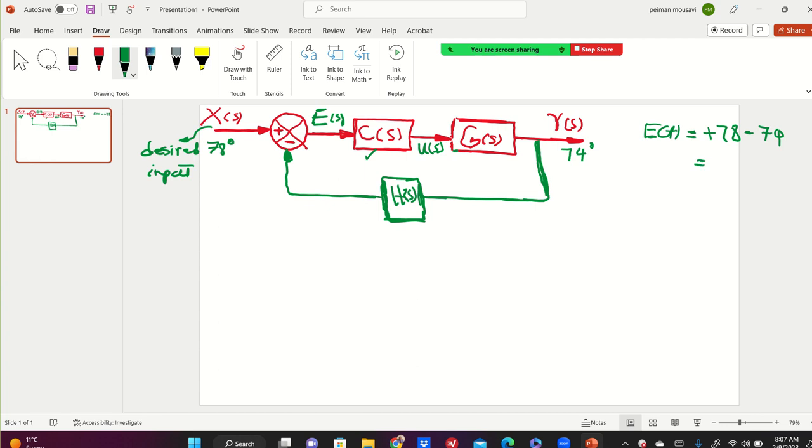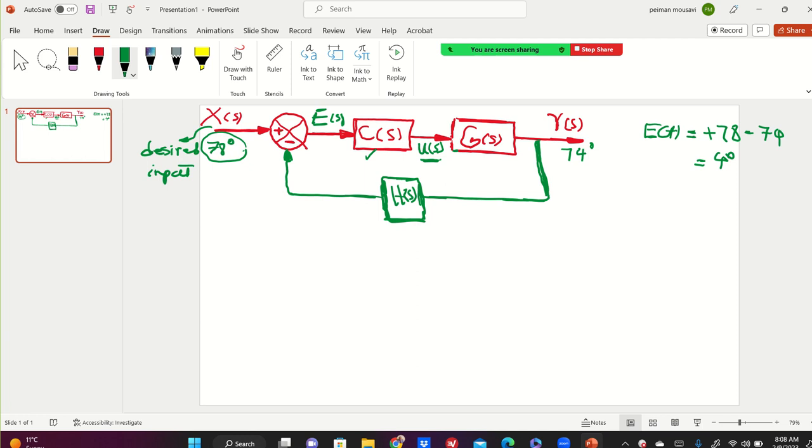So you have 4 degrees until you reach your desired input, guys. So based on this error signal, the controller sends the signal to the heat source of your home, and then your home runs the differential equation. I'm just saying it simply. And this again sends out the real output of the system, the real temperature.